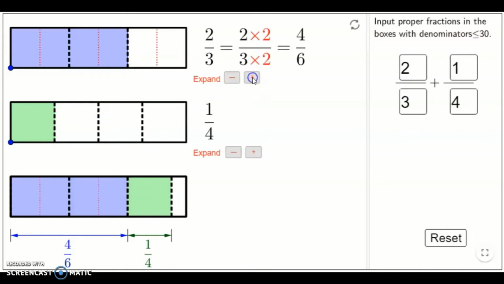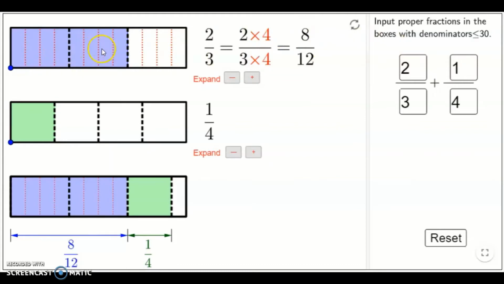So if I double top and bottom, I get 6 on the bottom here. That's not in the 4 times table. Let's treble what's in the bottom. I get 9 slices here, but that's still not in the 4 times table. One more and I get 12ths here. I multiply top and bottom by 4, and 2/3 becomes 8 twelfths.